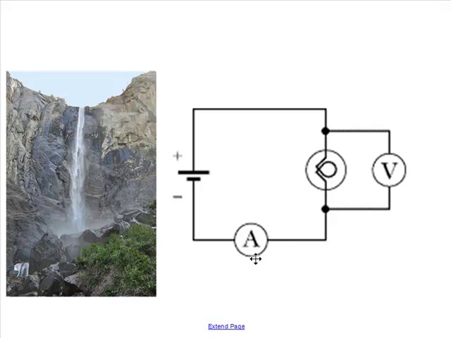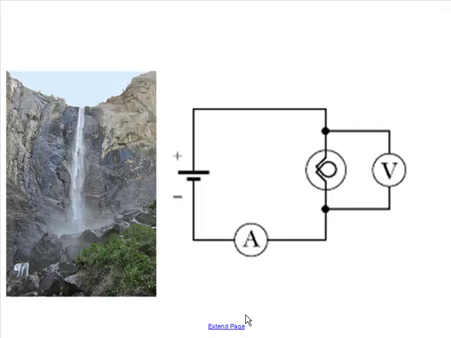Now an ammeter is different. If I wanted to measure the current going through this, I would want to get something that let me collect all the current flowing in one side, measure it, and then let it go back out while affecting the situation as little as possible. So that means we need to have it in series so that the current flowing through the ammeter matches the current flowing through the light bulb.